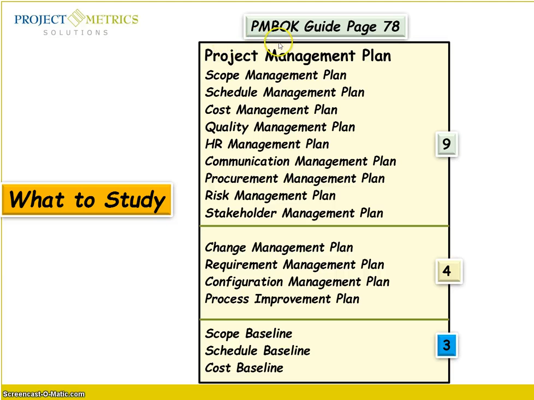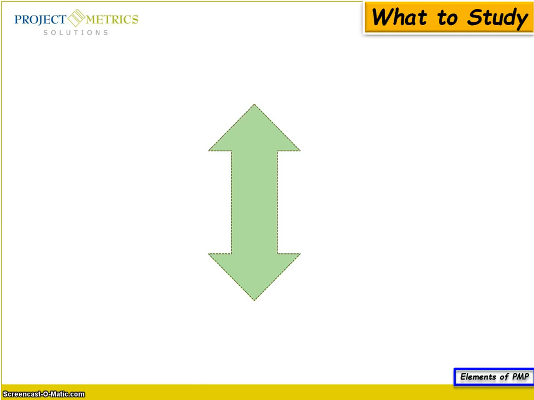If you look at page 78, you'll find every knowledge area has an output, except the integration management plan, but you find the scope management plan, schedule, etc. That is 9. And then the 4 here; most of my students forget about the change management plan and the requirement management plan, and here the 3 baselines all together comprise and unify the content of the project management plan.